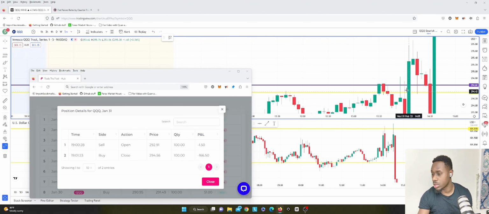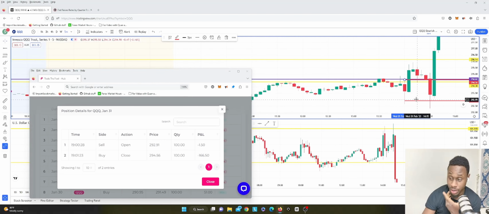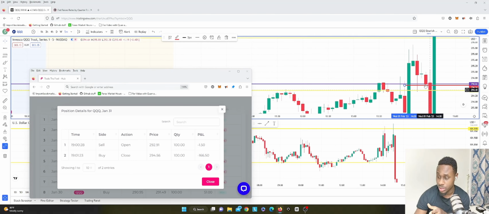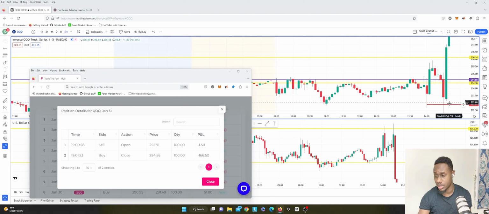So this is where I entered to the sell side and got stopped out there. This wasn't a nice trade. Because I'm thinking 2 o'clock it showed the direction. It didn't show the direction until Powell came out about 2:30.